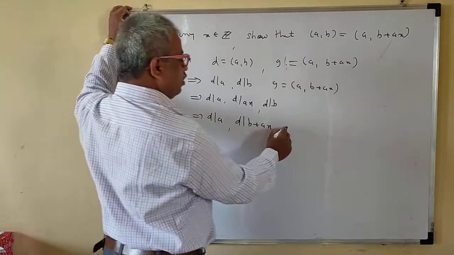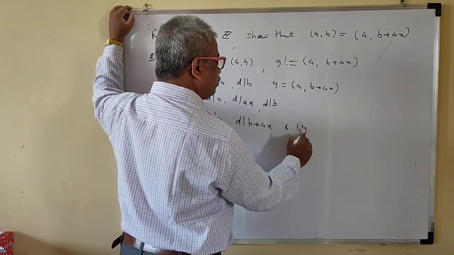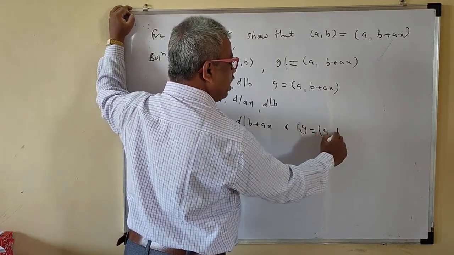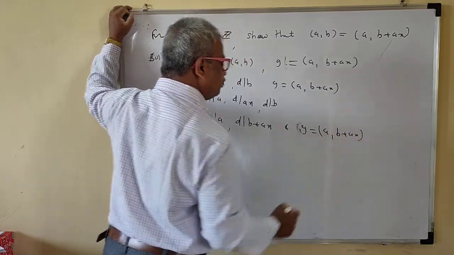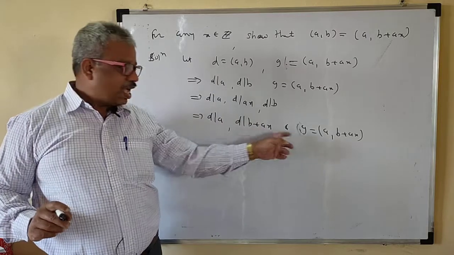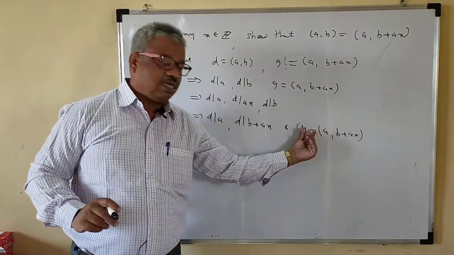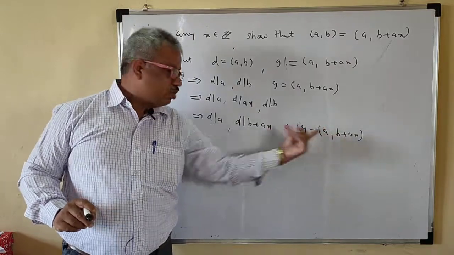And g is the GCD of a, b plus ax. See here, d divides a, d divides b plus ax, and the GCD of a, b plus ax is g. So this is the GCD of these two numbers, right?